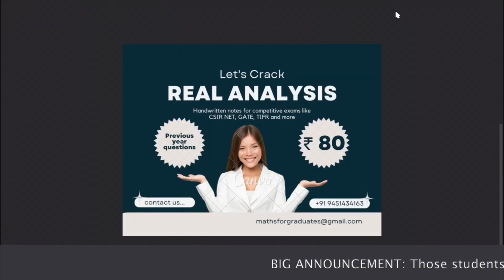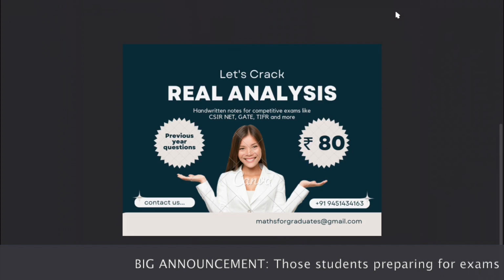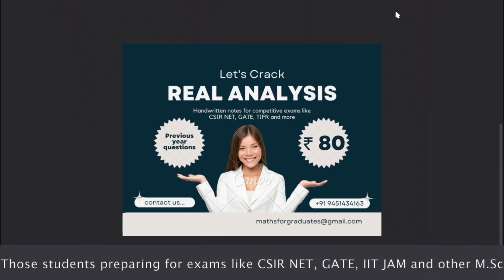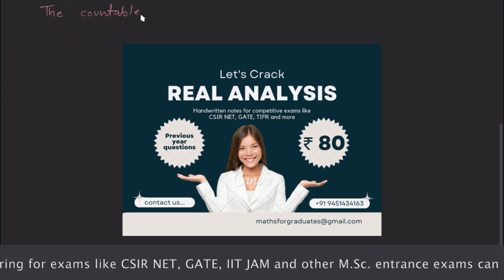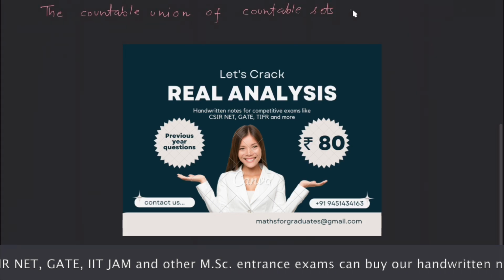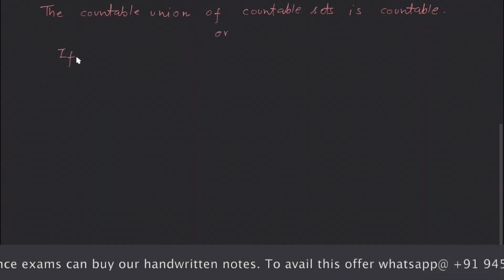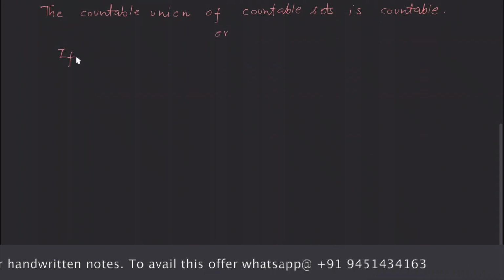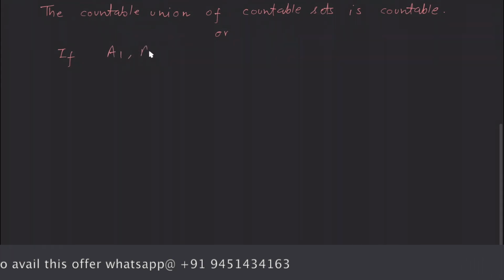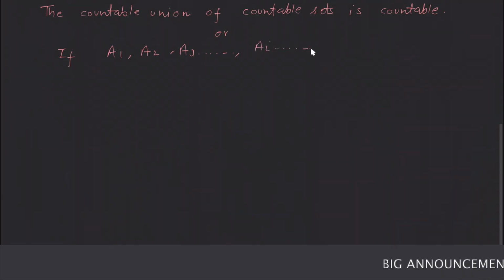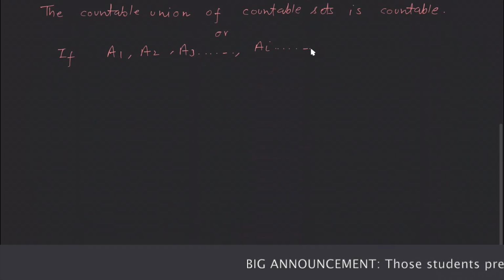Today we will see a proof of a theorem, and the theorem is: the countable union of countable sets is countable. Or we can say that if we have countable sets, suppose A1, A2, A3 and so on, Ai and so on, these are countably many countable sets.